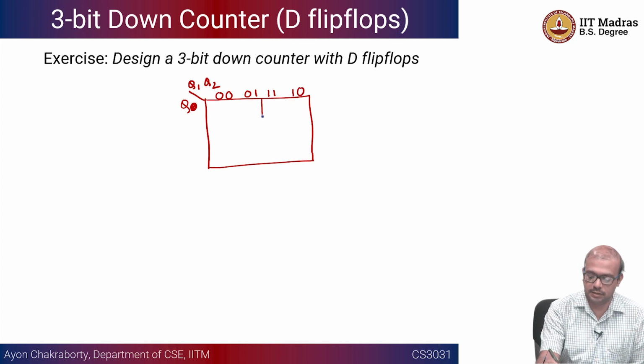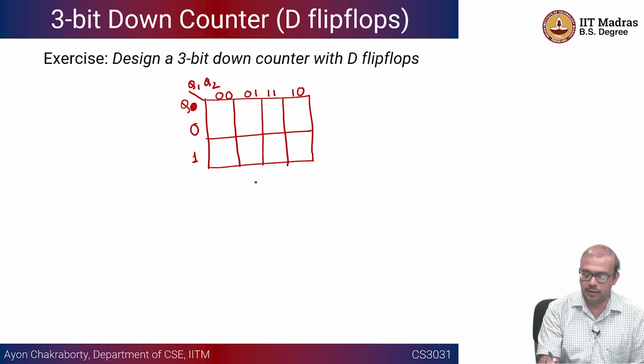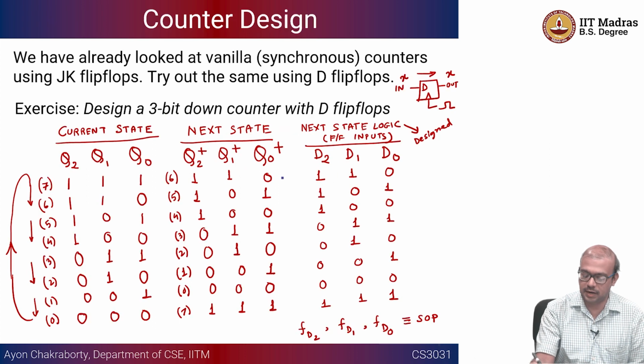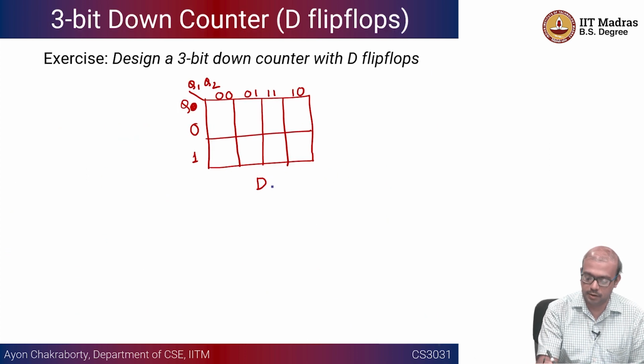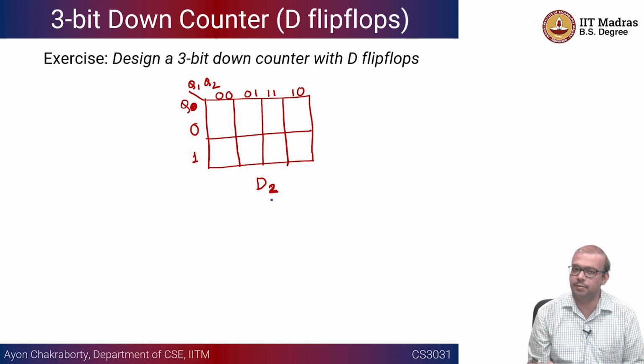Note that this is in a gray code format, and this could be 0 and 1. And you have to tell me that you are designing the circuit for a certain function. Let us say we are trying to design for D2. You can similarly do it for D1 and D0. That's a part of the simplification.